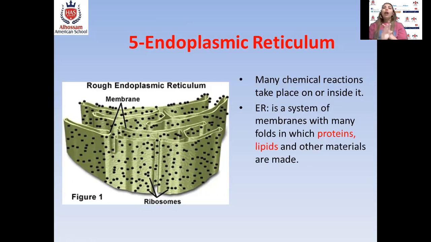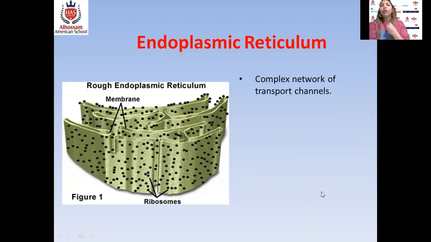So we can see that proteins and lipids can be formed in the endoplasmic reticulum. How are proteins formed? By these ribosomes that are attached to the endoplasmic reticulum. And the soft one can make lipids. We can call the endoplasmic reticulum the cell's delivery system, and it consists of a complex network of transport channels.